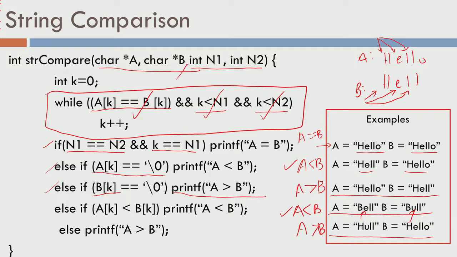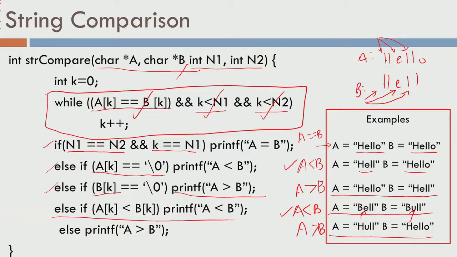None of these need to be true. For example, in bell and bull, I do not have to go to the end of the array to see that bell is less than bull. As soon as I see the 1th location, I see that E is less than U, therefore A is less than B. So that is what you are doing here. I did not run out of characters in either A or B. There are still more characters to process in A and B, but I found something lexicographically different.